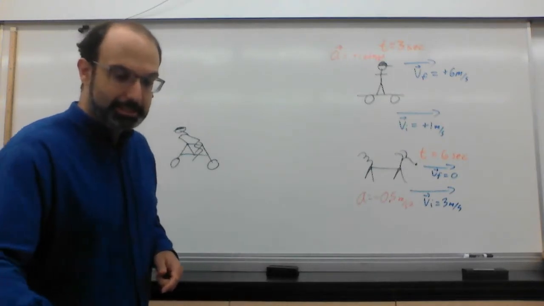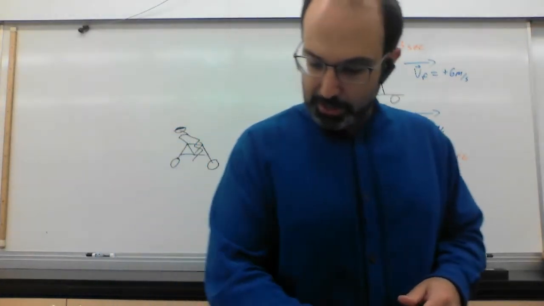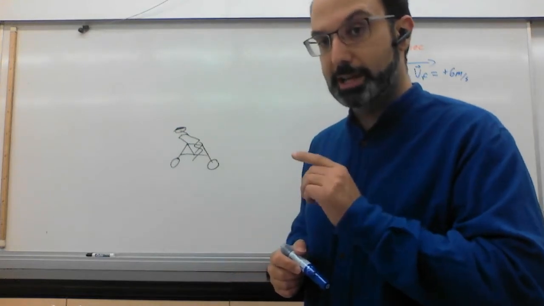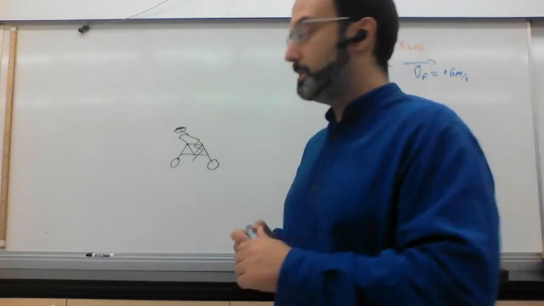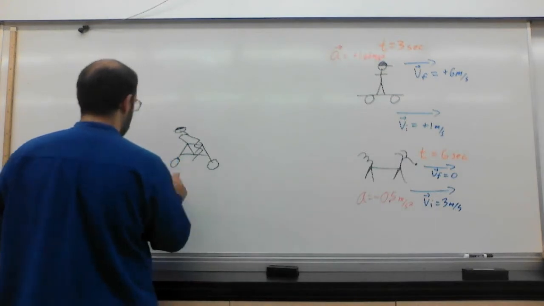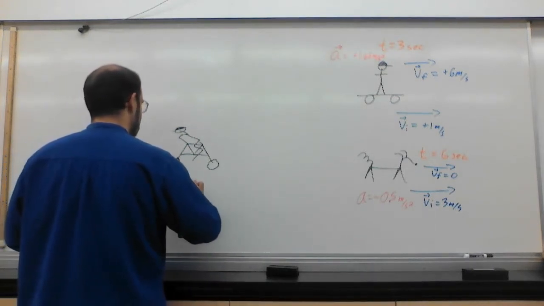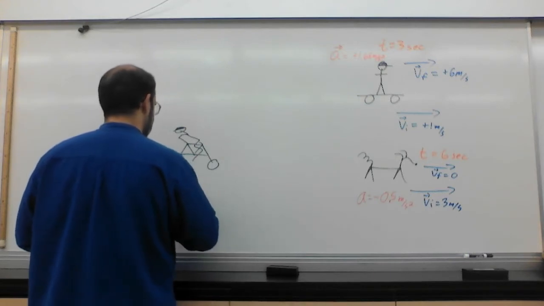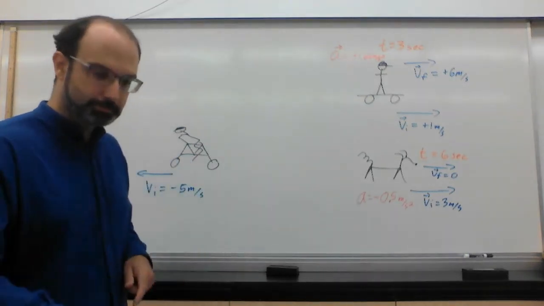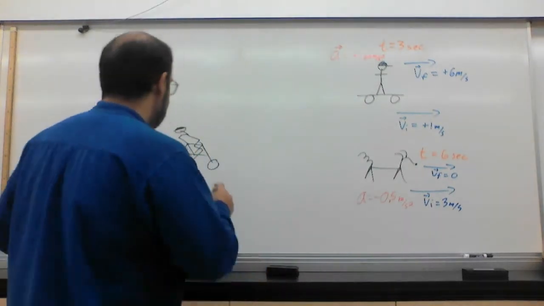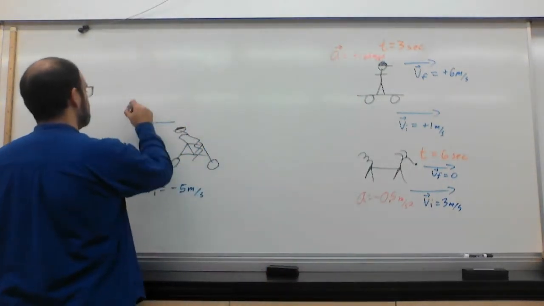Okay. Now, the question says that the guy on the bicycle has an initial velocity of 5 meters per second negative, which means he must be going west or something. Okay, so he's going this way. VI equals negative 5 meters per second. It also tells us his velocity final, and it is this way.